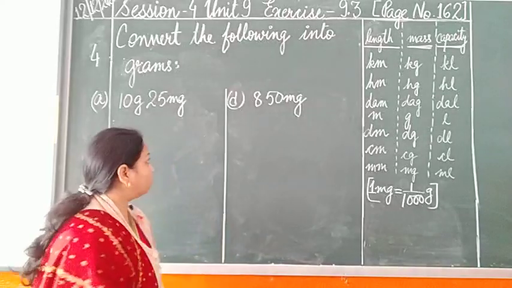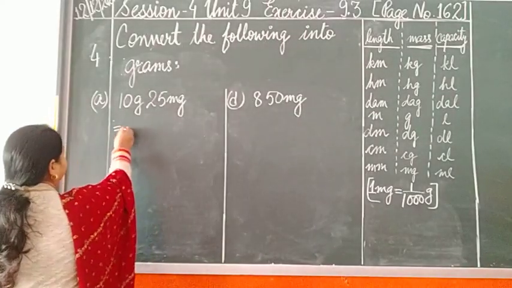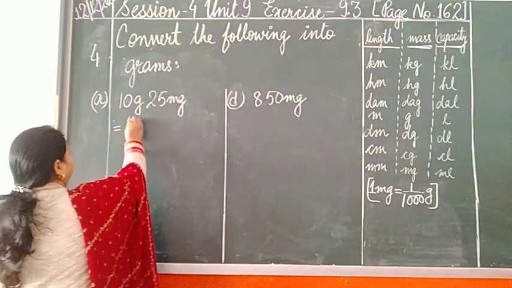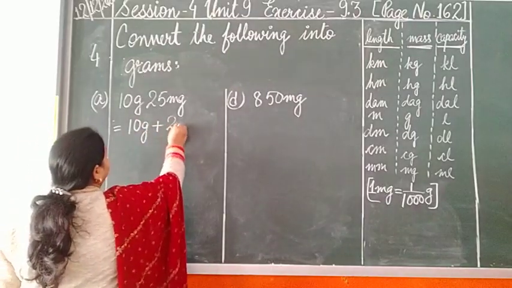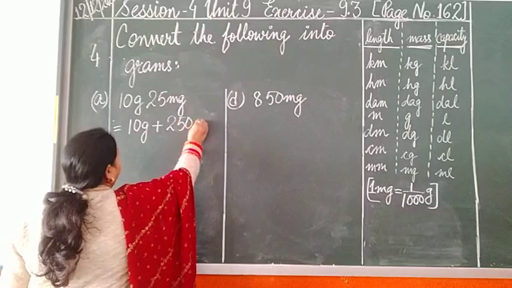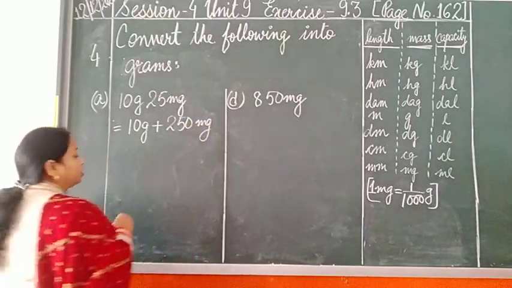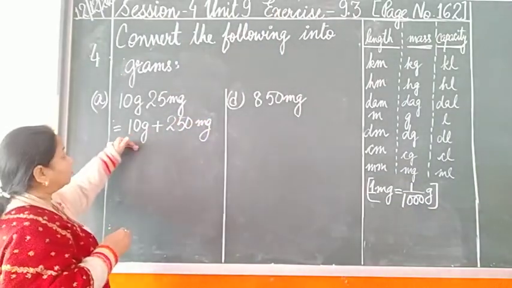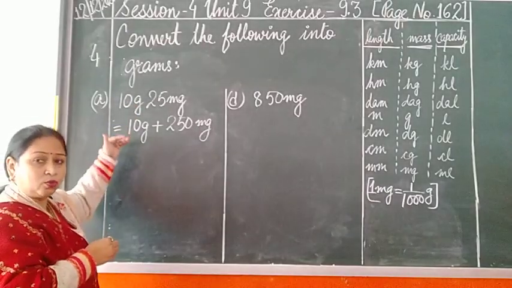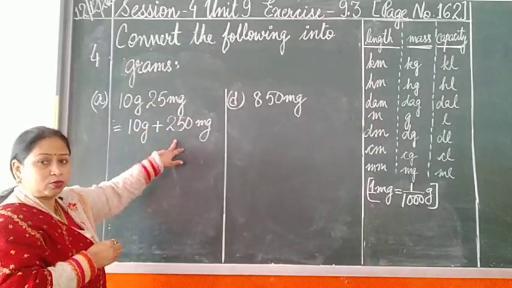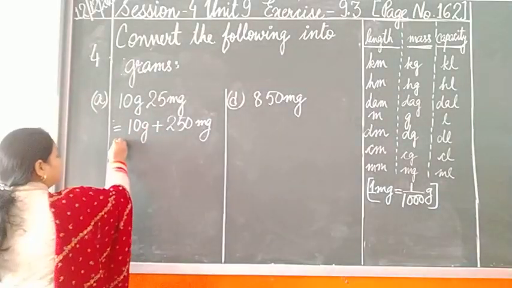Okay. So the first step we will write down is to separate out the gram and milligram. 10 gram 250 milligram. We need not change this gram because the conversion is asking for gram. It is already given over there. So no need to change this. This is of course going to be changed. How will the change take place?